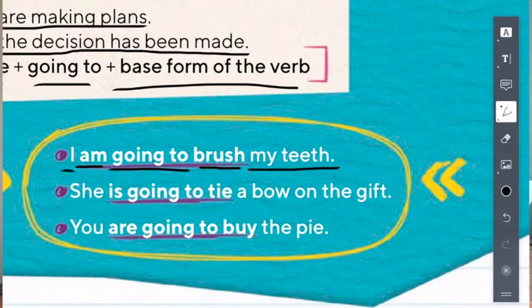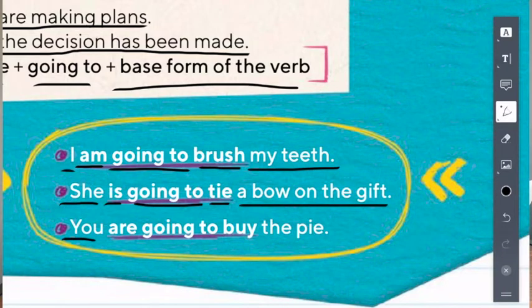Subject, she, verb to be, is, going to, verb, tie a bow on the gift. Easy. And the number 3, subject, you, verb to be, are, going to, verb, buy the pie. Come on, it's super easy.